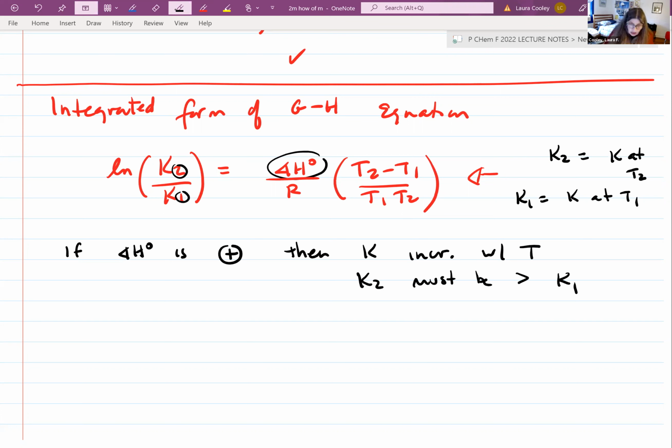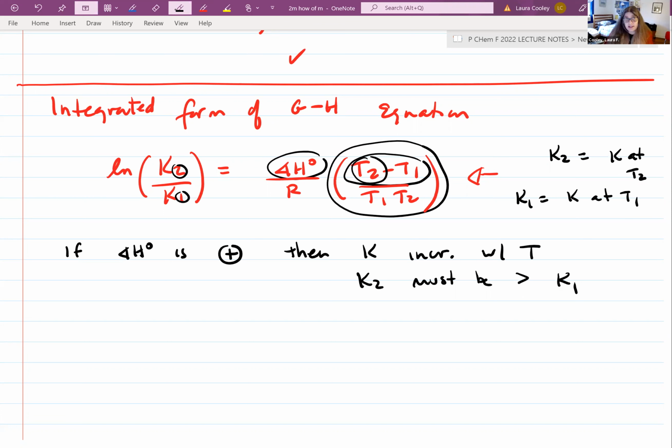So let's look at this. What I do, and I've been doing this a long time, so I highly recommend it, is I always make T2 the higher temperature. That way, this difference here is always positive, and this whole factor is positive because temperatures are positive. We have to use kelvins.